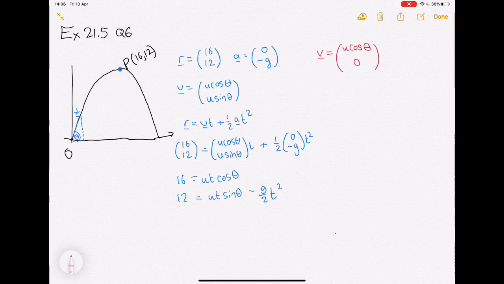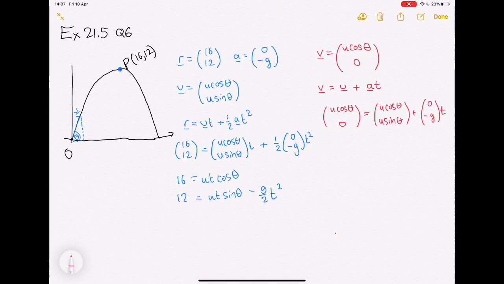So if we use the suvat equation, v equals u plus a t, we will get (u cos theta, 0) equals (u cos theta, u sine theta) plus (0, minus g) t.